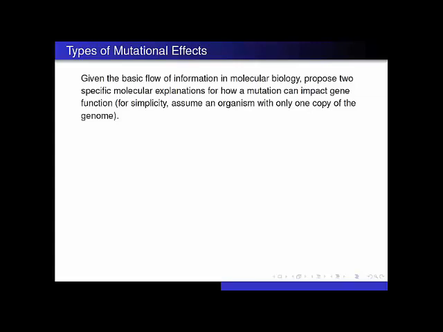So the question here is, use the language of molecules to give a couple of examples of how a change at the DNA level could result in a change in downstream function, basically by affecting a gene.